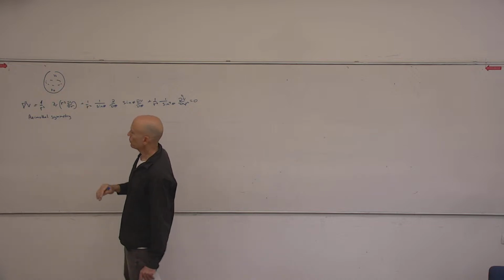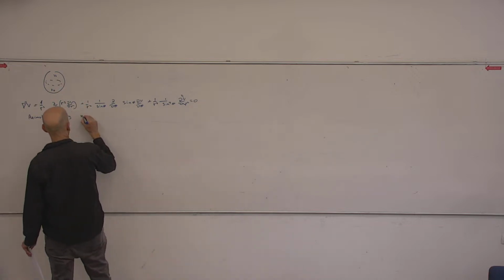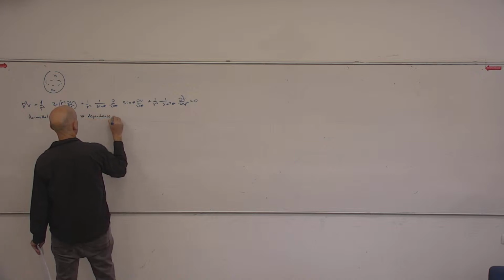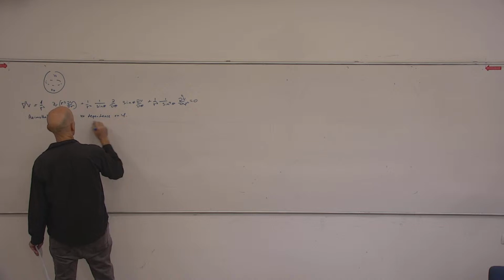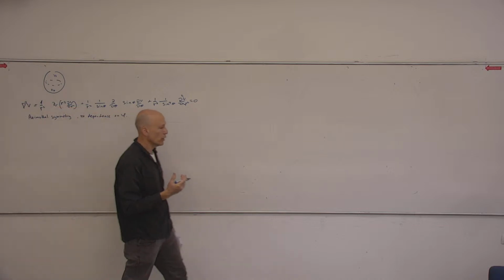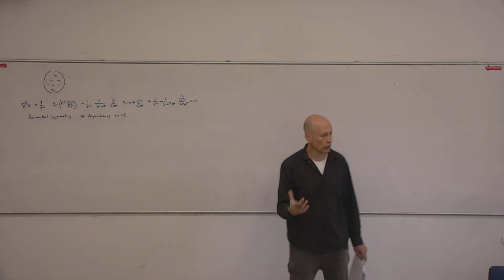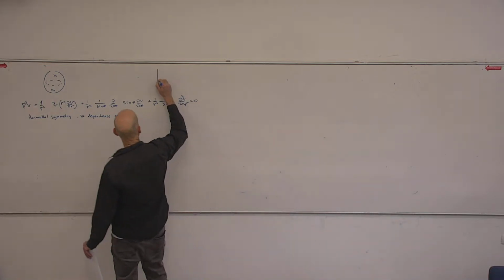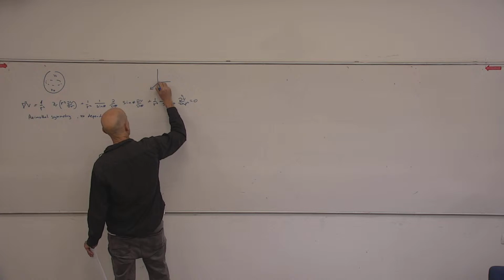So, no dependence on phi. What I'm doing by this is simplifying things. I'm going from 3 coordinates to 2 coordinates. The coordinates are r and theta. And of course, as usual, this is theta, and we have here phi, and this is r, the usual coordinates.